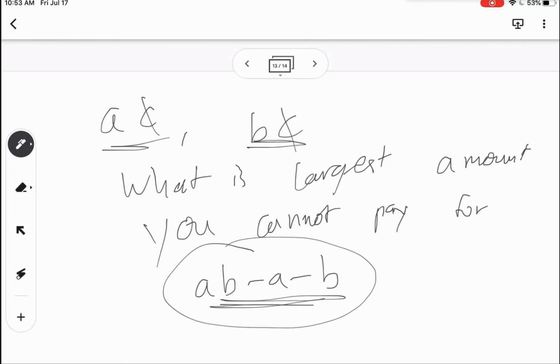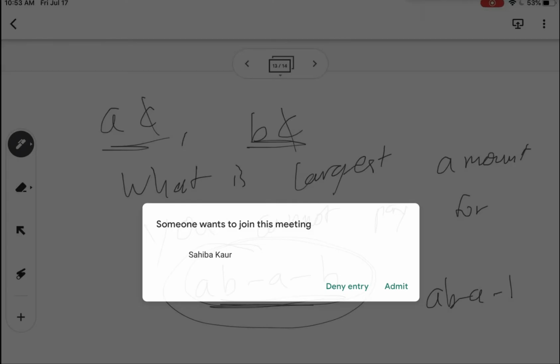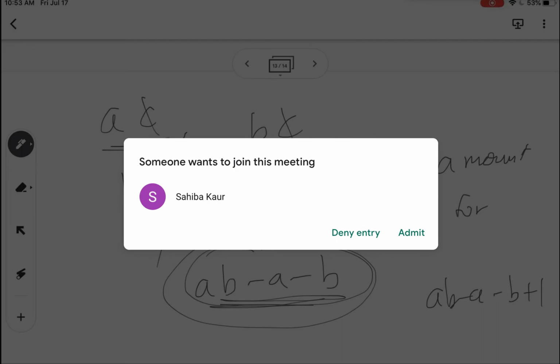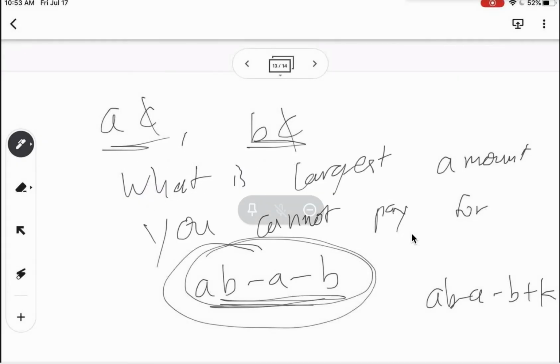But you can pay for any number above this number. So if you had something like AB minus A minus B plus K, then you can always pay for this. And that's a useful theorem. It shows up a lot in MathCounts.